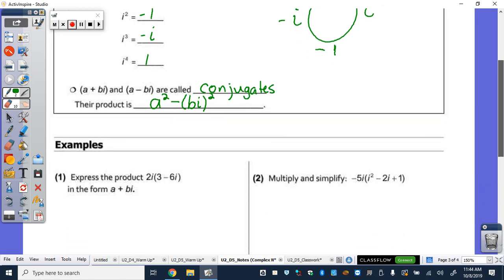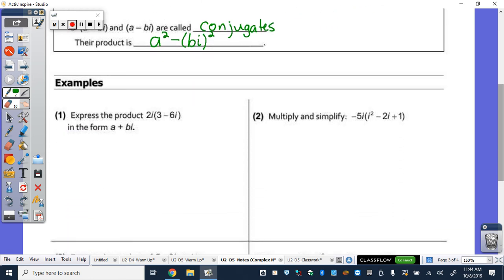So we're just going to practice a little bit more multiplying. We did a little bit of multiplying last time. We're just going to practice a little bit more of it now. So express the product of 2i times 3 minus 6i in the form of a plus bi. So we're just going to start with our distributive. 2i times 3 will give us a 6i. 2i times -6i would become 12i squared.